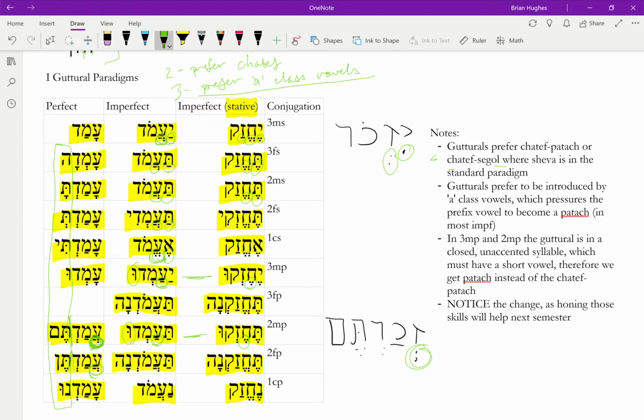So that's what we saw, the changes. They prefer to be introduced by A-class vowels, so that pressures the prefix vowel to become a patach in most of the imperfect forms, though we saw that it doesn't work here with the first common singular, maybe because you already have another guttural that's throwing a temper tantrum. In the third masculine and second masculine plural, the guttural is in a closed, unaccented syllable, which must have a short vowel. Therefore, we get patach instead of the chatef patach. That's my one attempt to figure that one out.